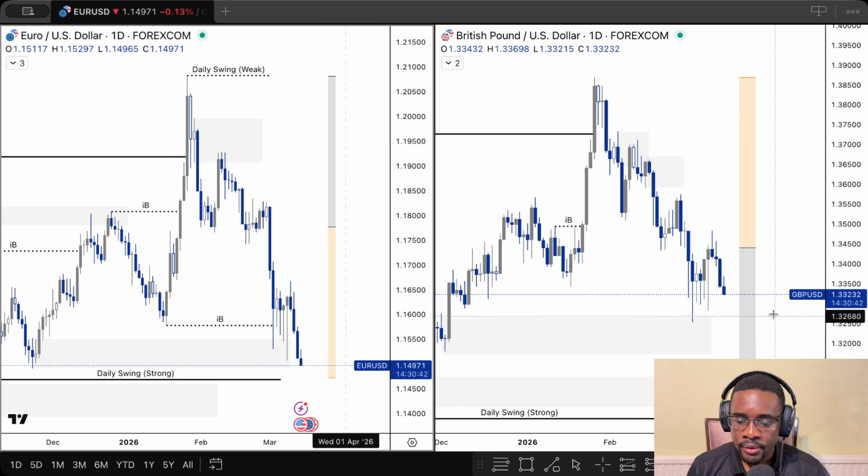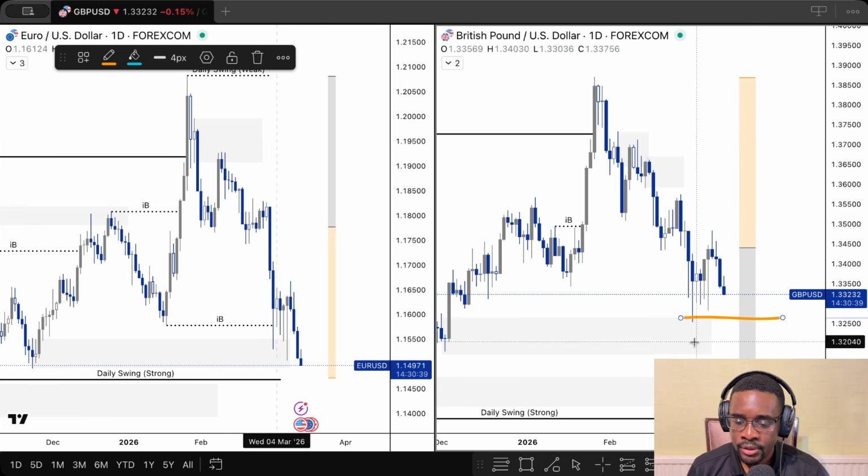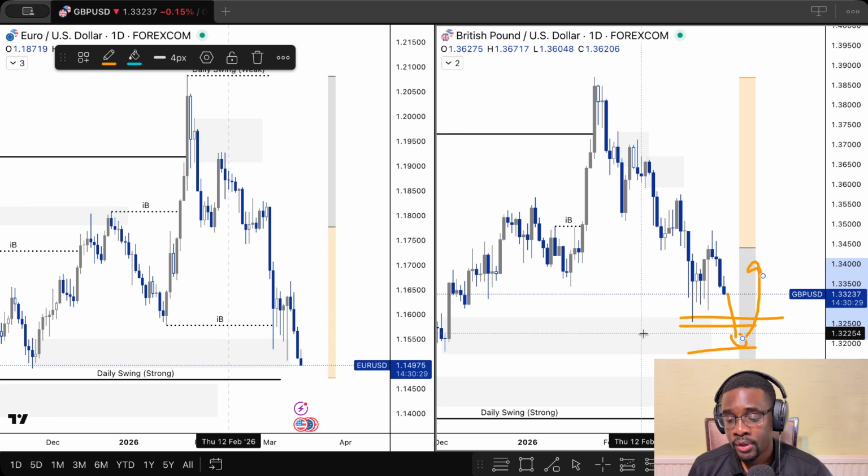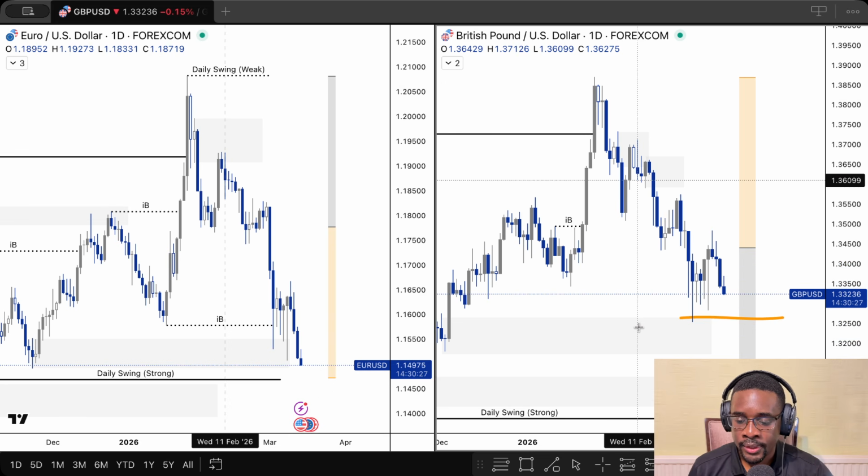And then for the pound, we still have room. Price could still come down, sweep these areas, have a deeper mitigation, and still continue bullish. That is still a possibility. So we just have to wait and see.